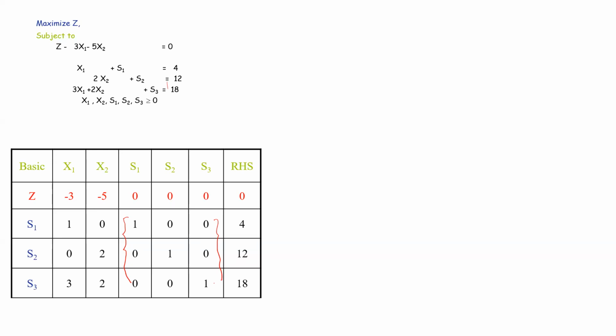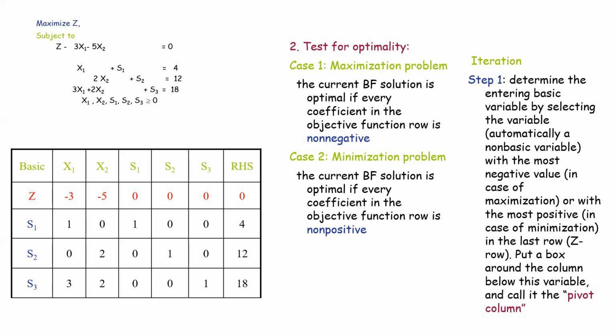Okay, let's find out the next basic solution. For this, we have to test optimality first of all. In order to test optimality in a maximization problem, the table is called an optimal table if every coefficient in row 0 is non-negative.